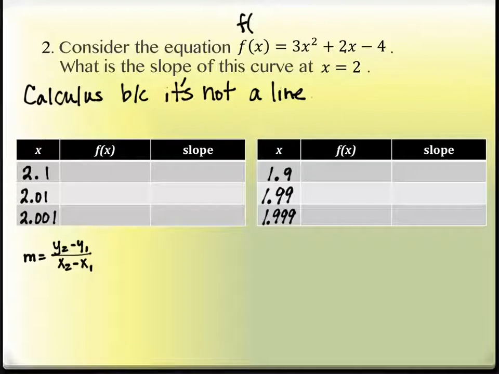If there's anything in the y equals screen, clear it out. Just click on y equals, clear out any equations that are there. Good. On your y equals screen, I want you to enter that equation. So 3x squared plus 2x minus 4.